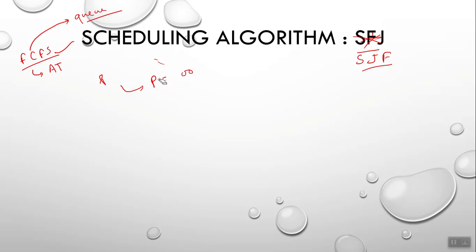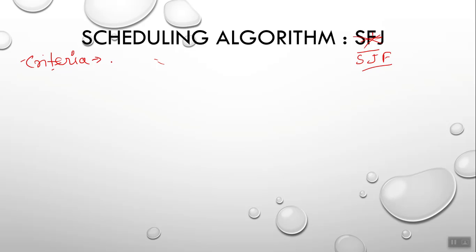First, let me tell you about the criteria and the mode. The criteria of this algorithm is going to be burst time. What is burst time? Burst time is basically the time consumed by the CPU during the execution, right?